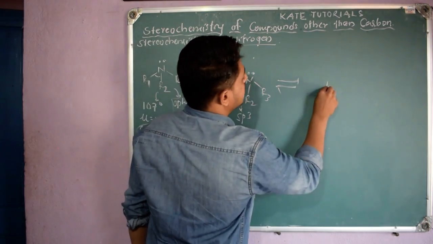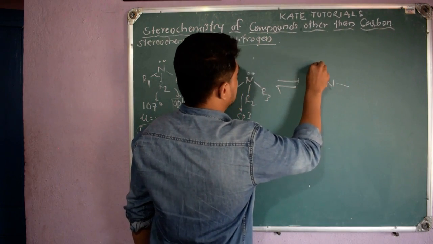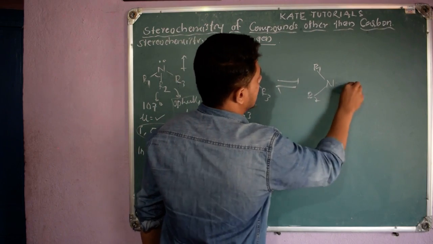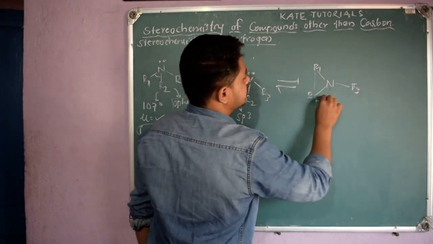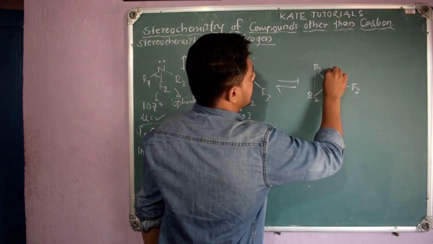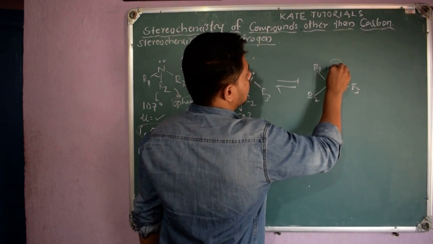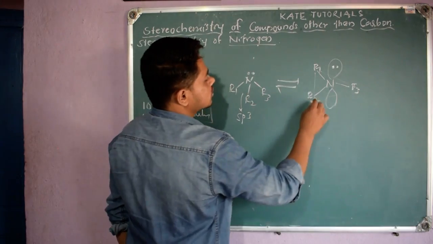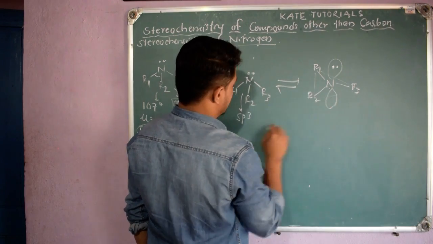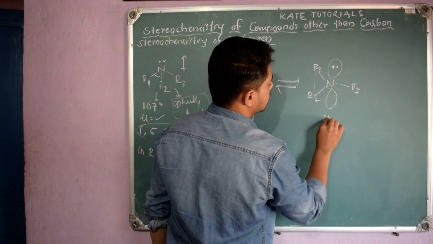It will convert into a planar structure like this, in which nitrogen, R1, R2, R3 are all in the same plane, and there will be a p orbital in which the lone pair will be present. So the nitrogen hybridization, initially sp3, will here be sp2.